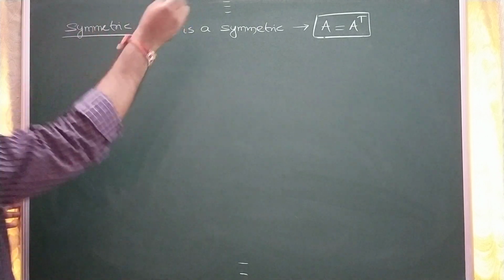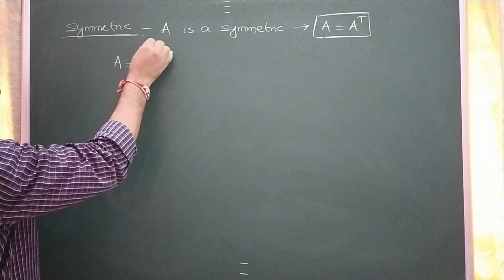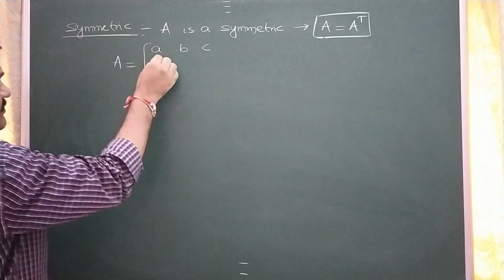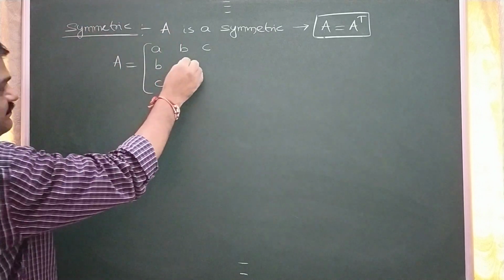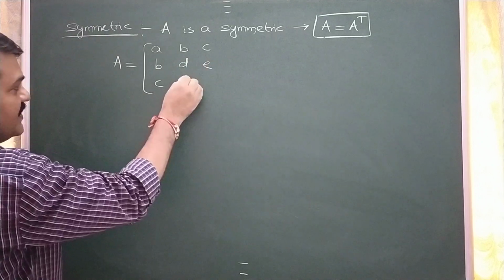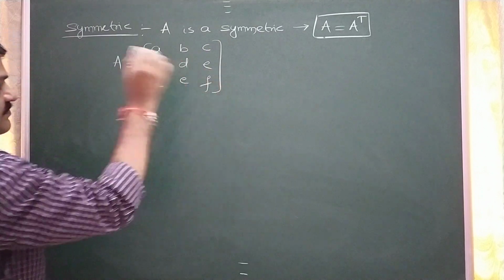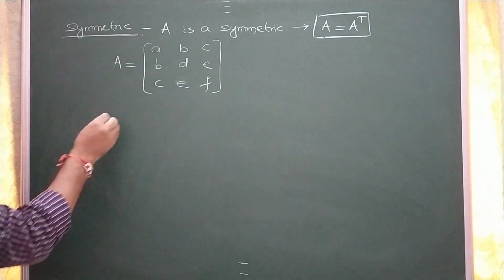Okay, so how are we going to get a symmetric matrix? For example, I will take like this. First row, first column I took the same. These two elements I took the same. Now you transpose this.